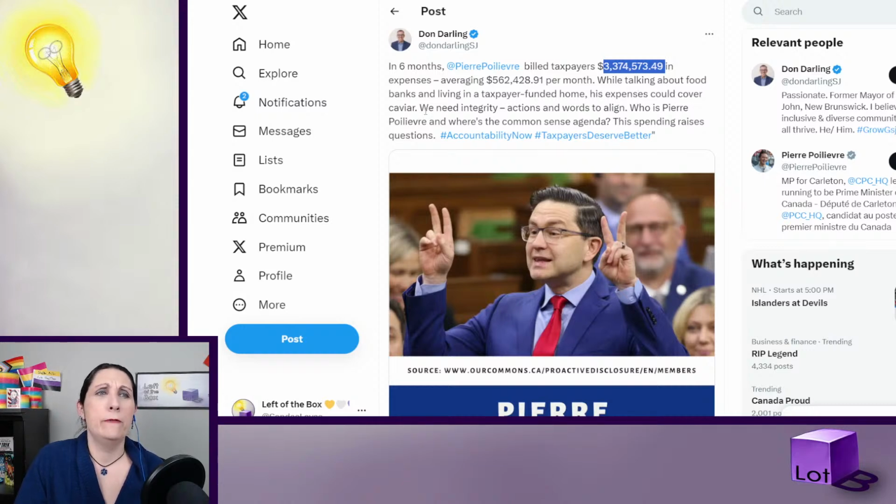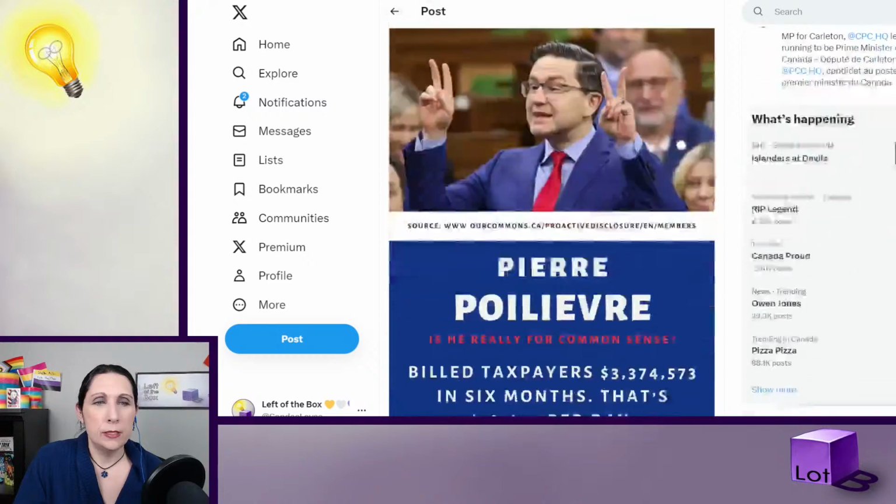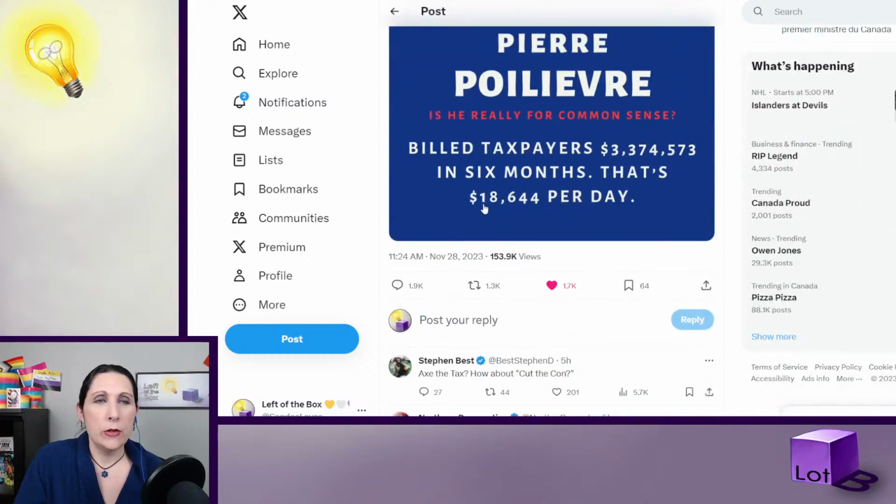While talking about food banks and living in a taxpayer-funded home, his expenses could cover caviar. We need integrity, actions, and words to align. Who is Pierre Poilievre and where's the common sense agenda? So basically, he gets over $18,000 per day. What he gets in a day is more than I get on disability in a year.